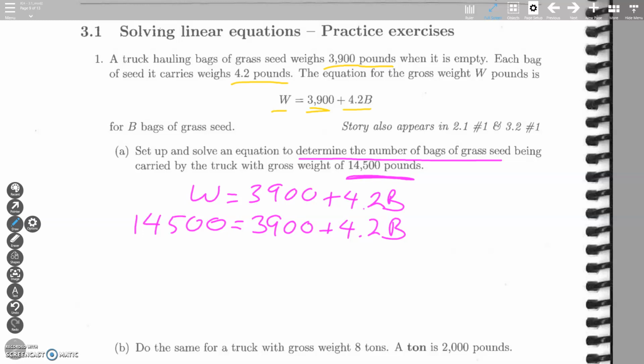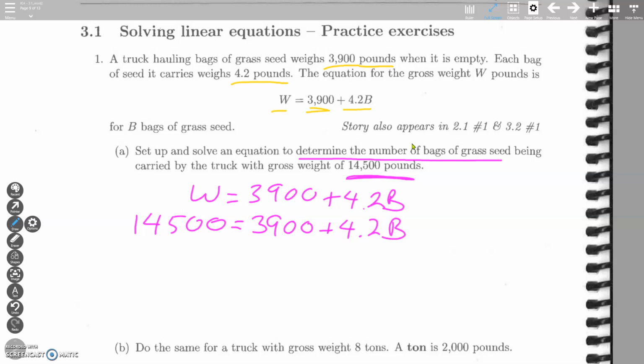All right. Now, working backwards. This is what solving an equation is: working backwards from your information to calculate that independent amount B. So to find that independent amount, we need to work our way backwards. We know the truck weighs 14,500 pounds, but its starting weight is 3,900.